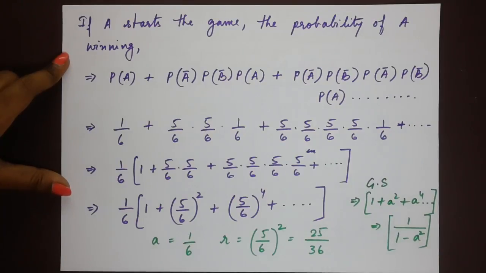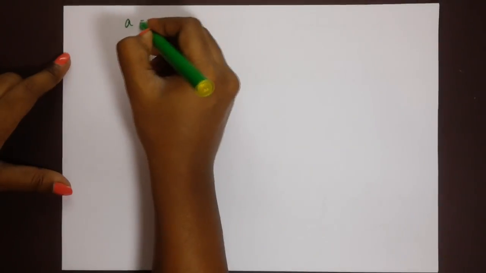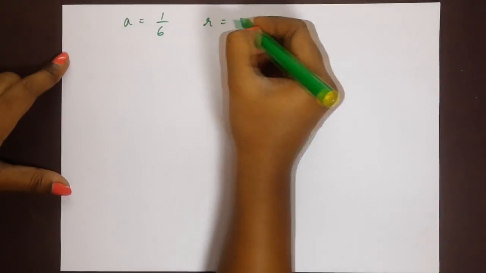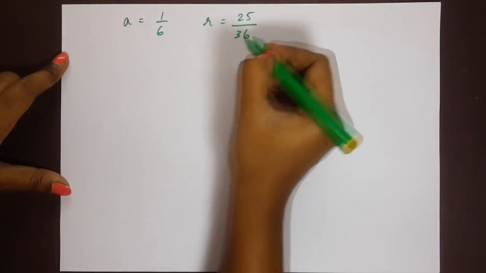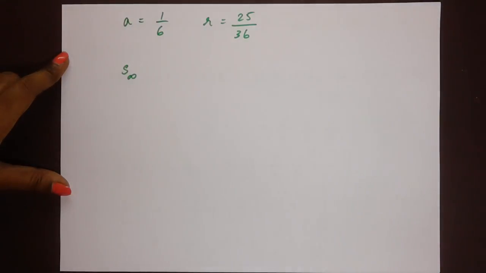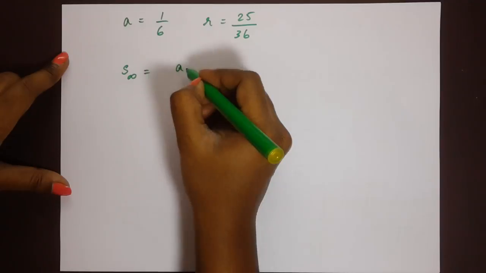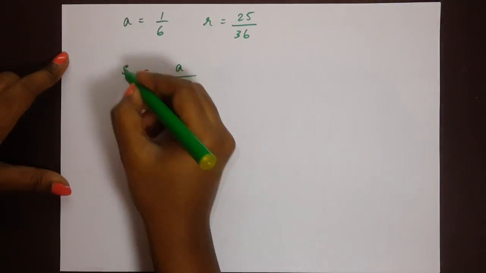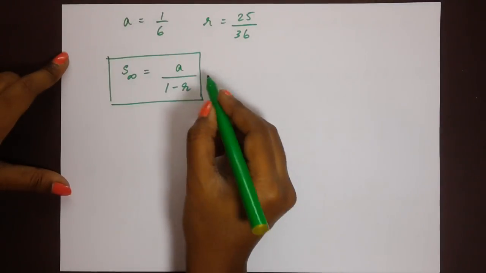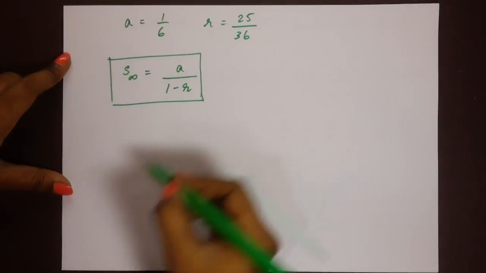Now let's substitute in the formula for the sum of an infinite series. Okay, so we have our values. We have a is equal to 1 by 6 and we have r is equal to 25 by 36. So the infinite series is written as a divided by 1 minus r. Please remember this formula here. This is very important for a geometric series.